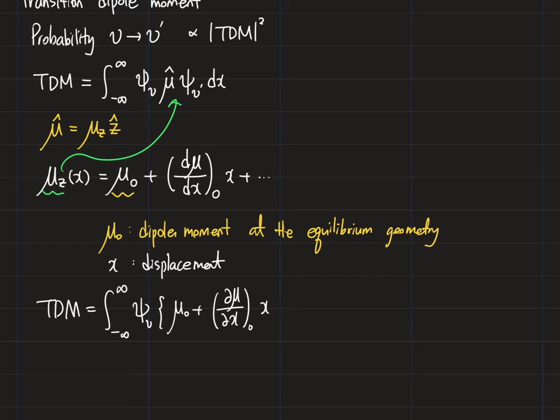We are going to truncate the expansion of the dipole moment operator at first order, because we can assume that the contribution from the higher order corrections is not that much.